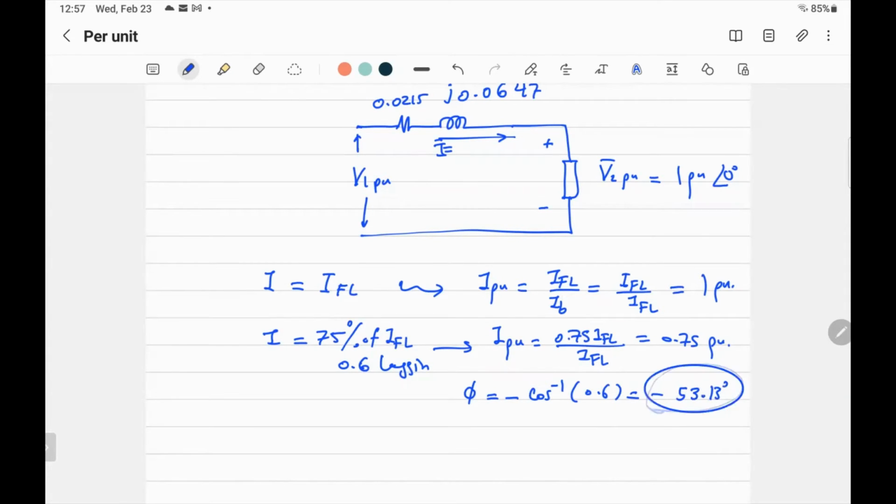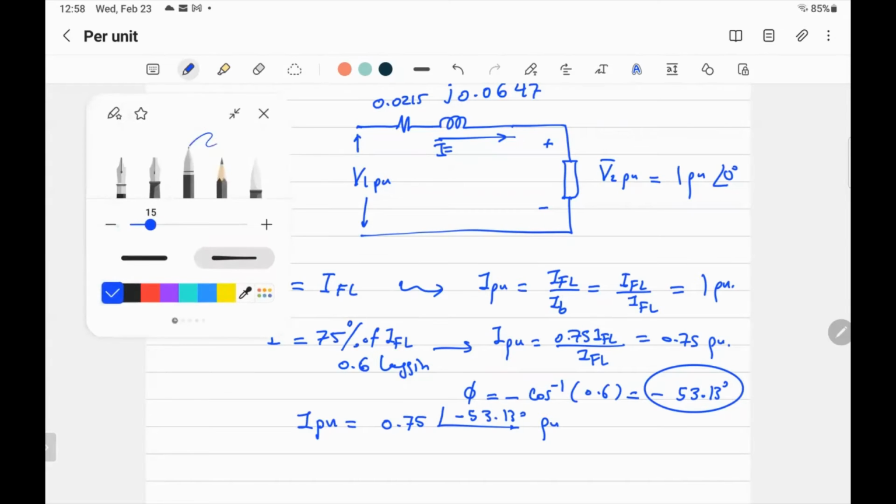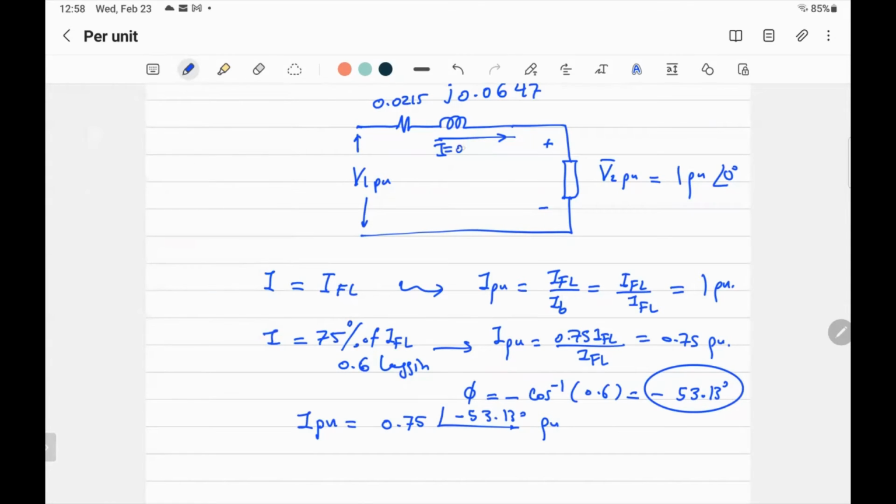That's the angle of the current. So the current in per unit is 0.75 at angle negative 53.13.